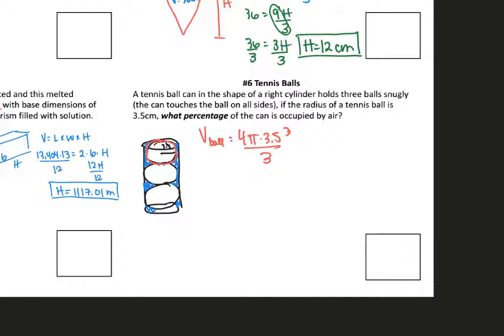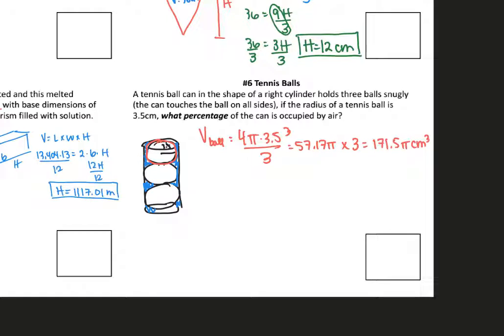So that's going to be 57.17 pi. And since we have 3 of them, we're going to multiply that by 3. So the total volume that the tennis balls take up is going to be 171.5 pi, and my units in this case are centimeters cubed.